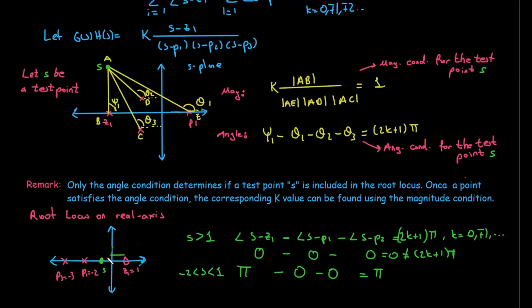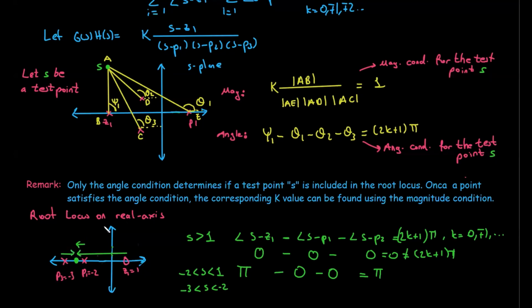So this is equal to pi, and for the time being I will get rid of these parts and pick another test point, something like that. Once again, if you pick this point, let's say S is between -3 and -2. The vectors that I will be interested in are S minus Z1, S minus P1, and S minus P3.